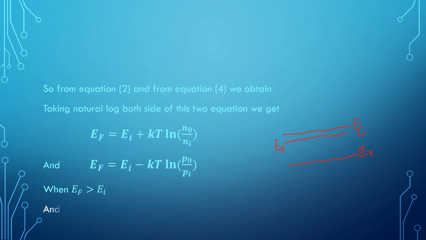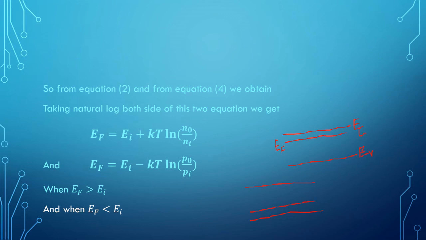The second case is when EF is less than EI, that means the Fermi energy is less than the intrinsic energy. This case is for a p-type semiconductor, and here the Fermi level is near the valence band edge.